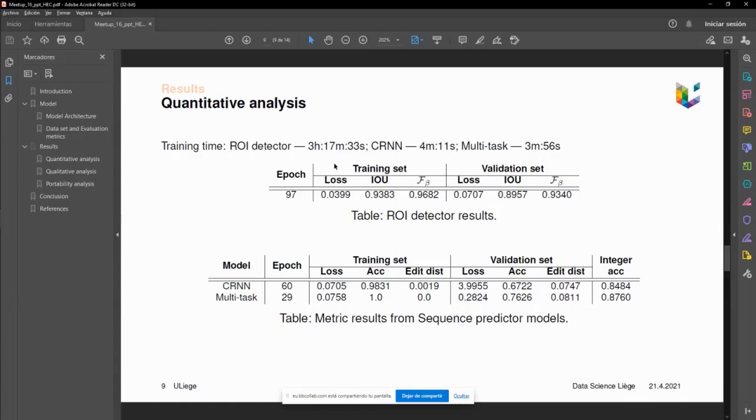Those images are quite large, very important for our sequence predictor models. Therefore, it requires more time for the training. All the models were trained until they reach some convergence. Something to note is that despite the great loss on the CRNN model, the integer accuracy remains quite high for both of the models.